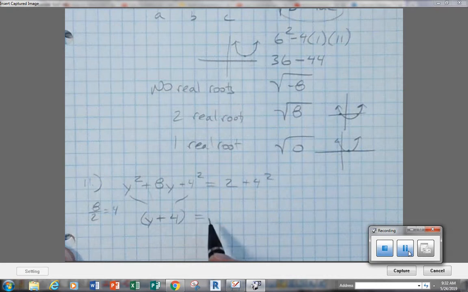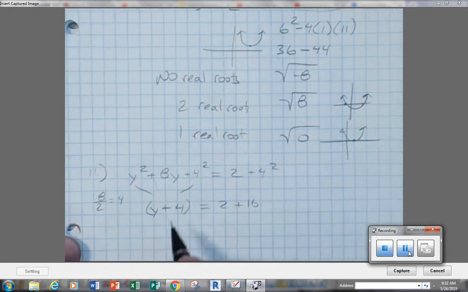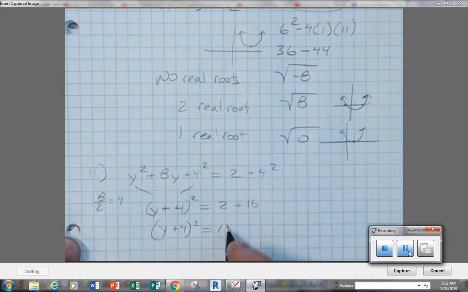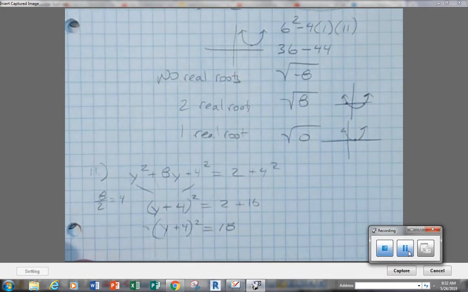And then over here, you want to get that 16 to add to that 2. Don't forget your square right there. So you get y plus 4 squared equals 18. I'm going to square root both sides, which gives me y plus 4 equals plus or minus root 18.